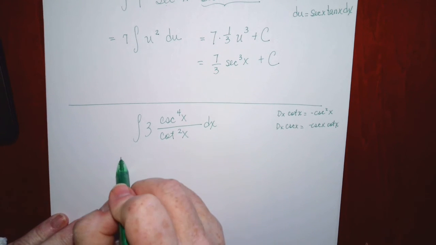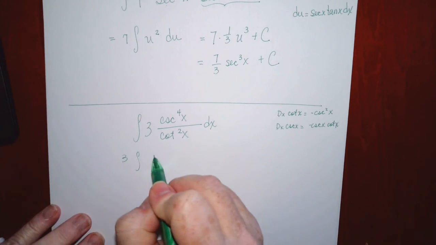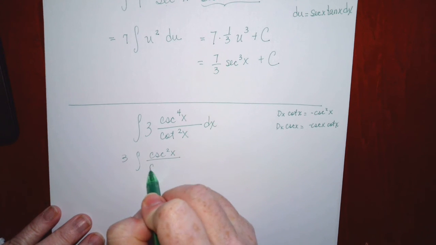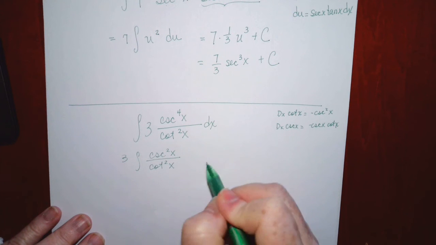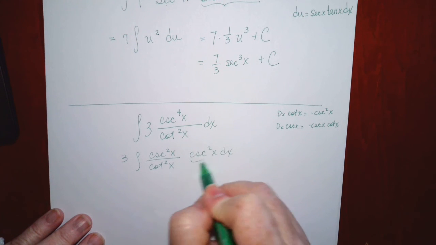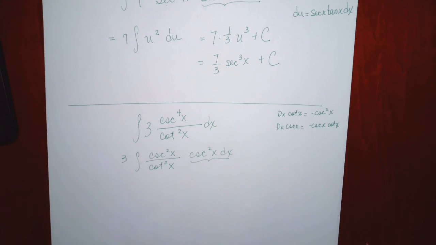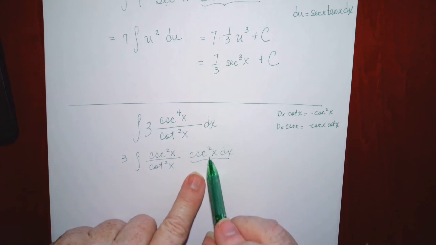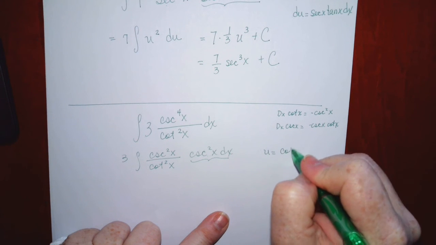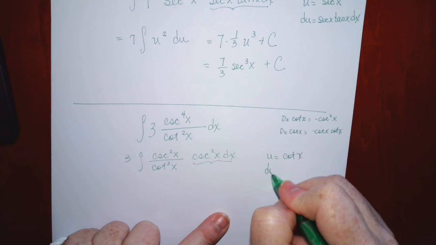So I am going to pull off a cosecant squared, and that would leave a cosecant squared here over cotangent squared, and I'm pulling off one cosecant squared to sit out here and be du. If that is going to be du, then u is going to have to be a cotangent.